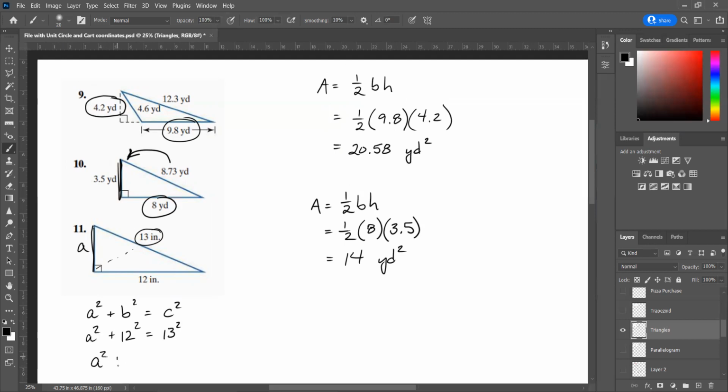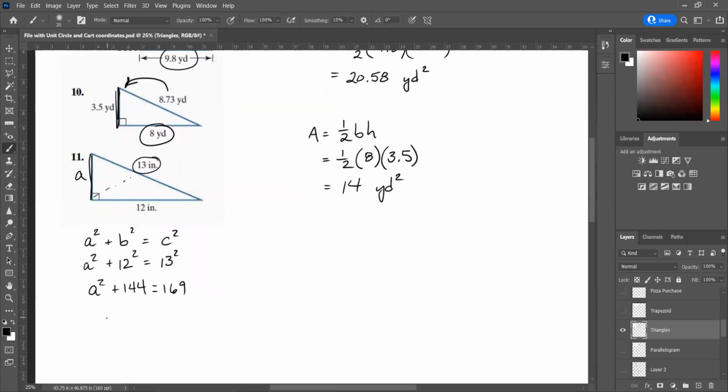So I'd have A squared plus 144 equals 169. Subtract 144 from both sides, and I get 25. Now that's A squared. To find A, I'd take the square root of both sides, and I find that A equals 5. So that's the height of the triangle.